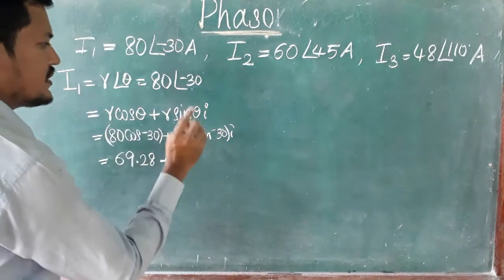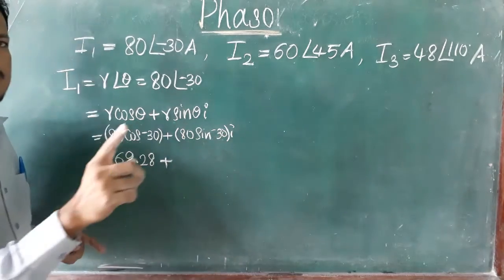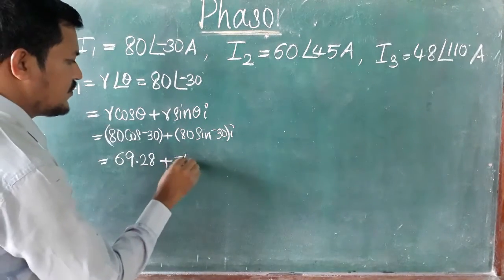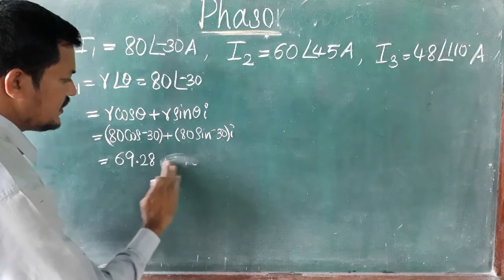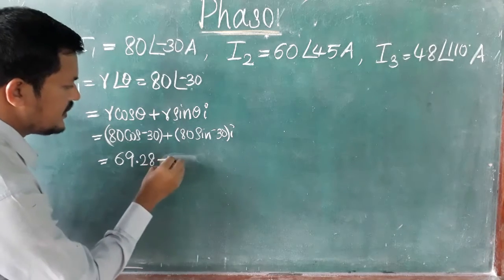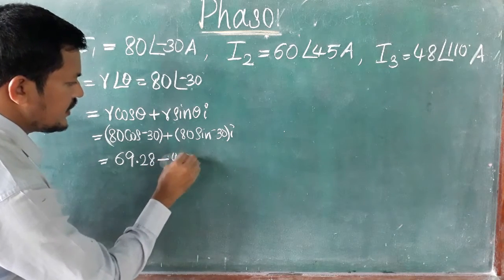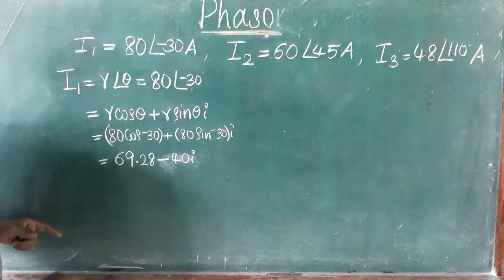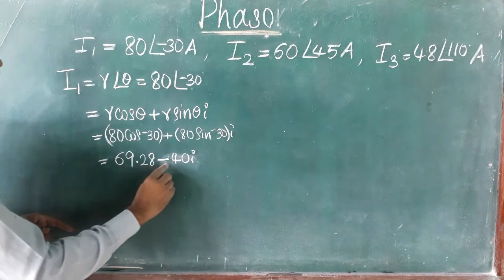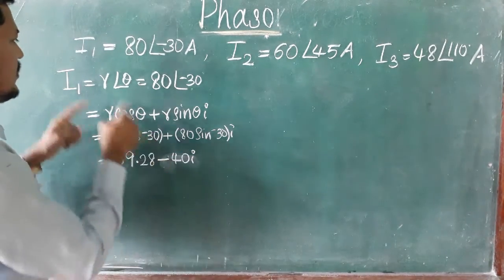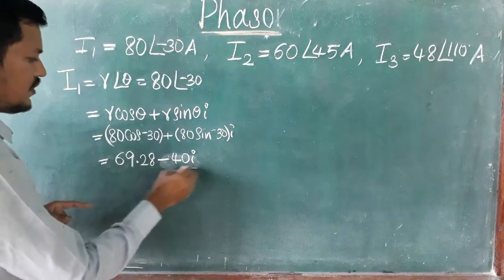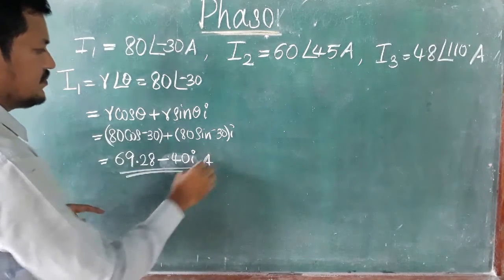So 80 sin minus 30 is minus 40. So we can write simply minus 40i. So 69.28 minus 40i. This is the conversion of I1 to rectangular form. This much current in I1 rectangular form.